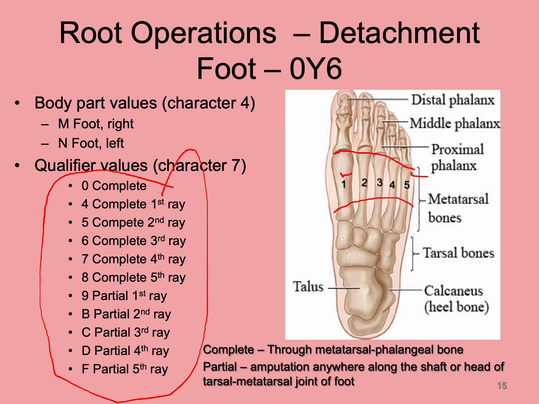Partial is along the shaft or head of the metatarsal, so anywhere along one of those. And again, we're talking about the rays, not the foot, just the rays. So it's either complete or partial. And then the rays 1, 2, 3, 4, 5.